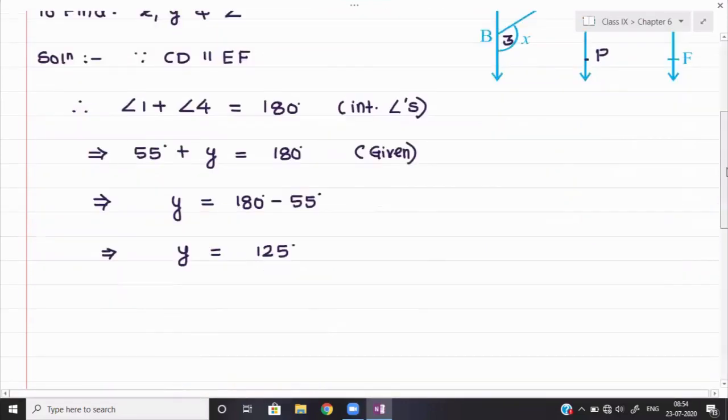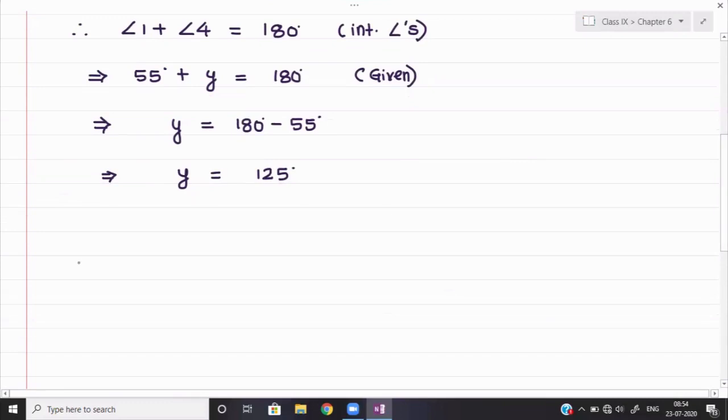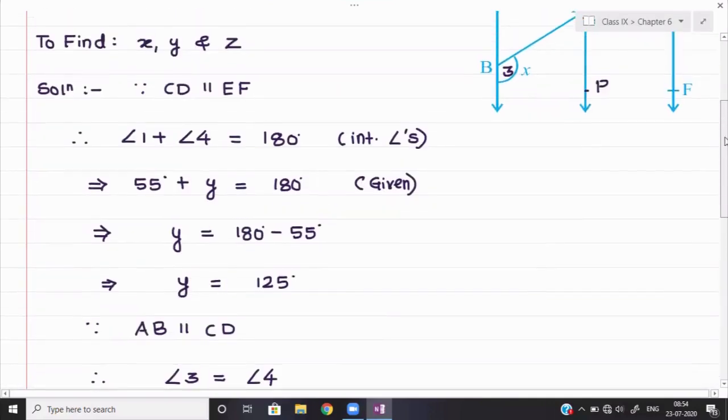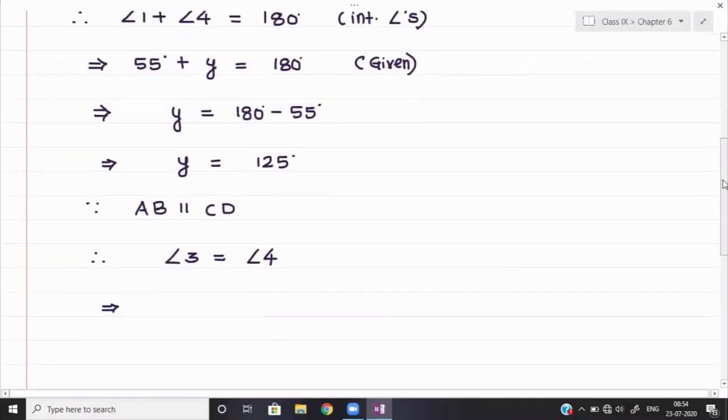So we mention here, since AB is parallel to CD, therefore angle 3 is equal to angle 4, which implies x is equal to y. Actually, one thing is remaining here, the reason we have not given. The reason can be given here: corresponding angles.